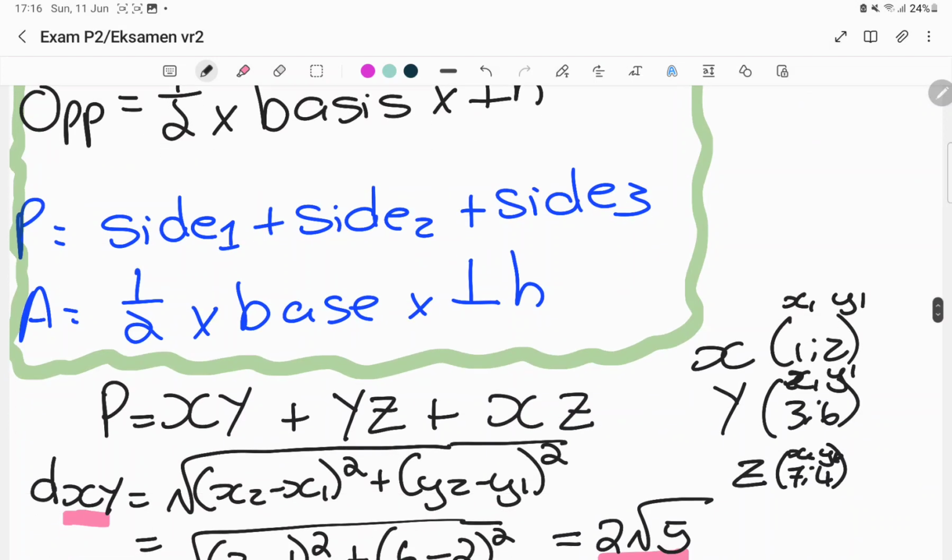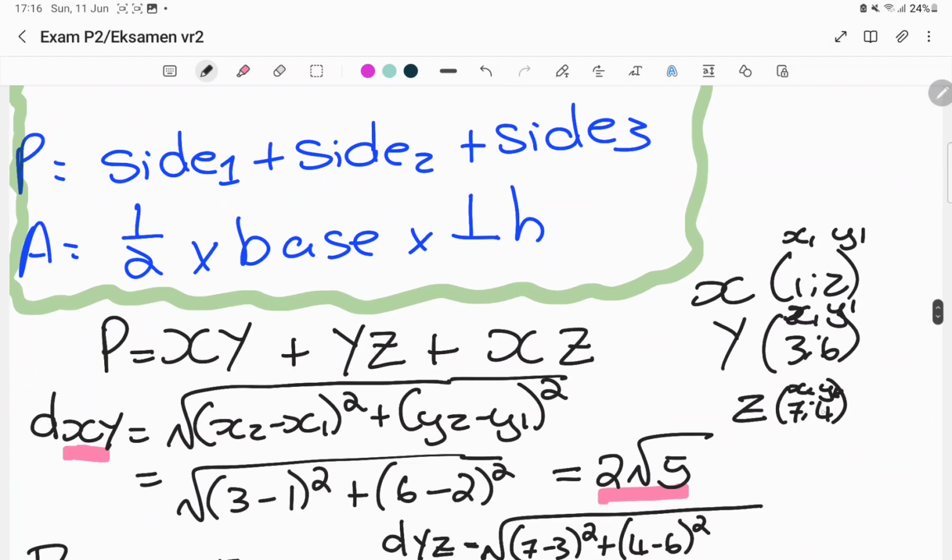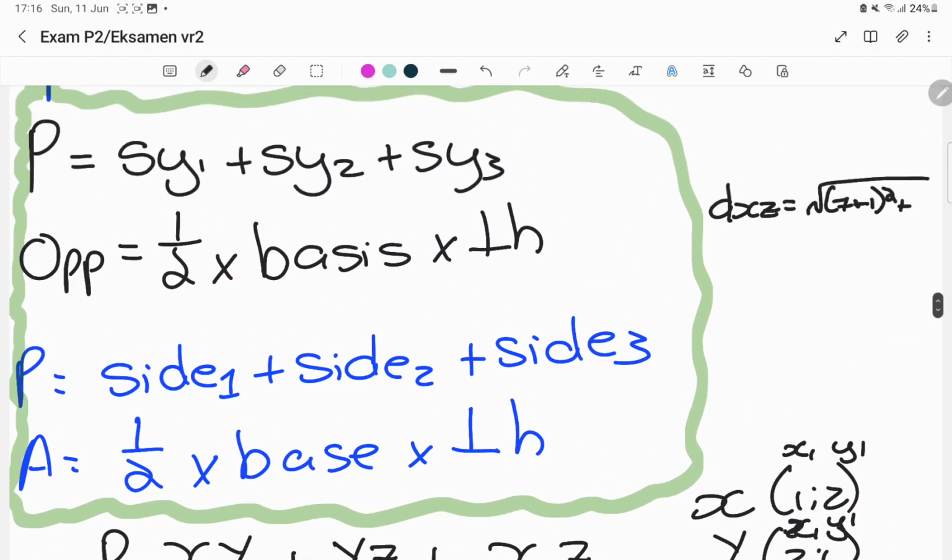So let's keep it like it is. So my x2 value is 7. So it will be 7 minus 1 squared plus my y will be 4 minus 2 squared. And if I put that into my calculator, I get a value of 2 root 10.